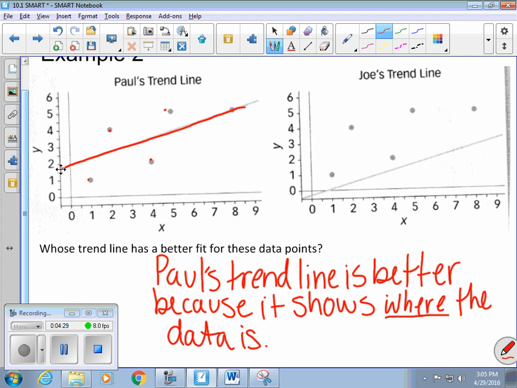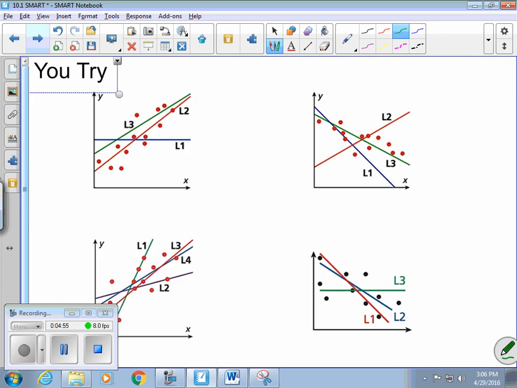It's not going to be exact, but it's almost like having an average or showing approximately where everything is. If I look at Joe's trend line, his is not very good because it's below all of the points. It's not even going through the data points at all. We want to see a line that is surrounded by our data points.